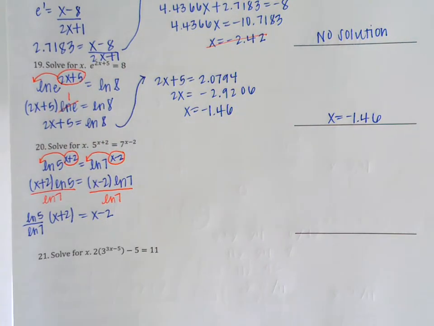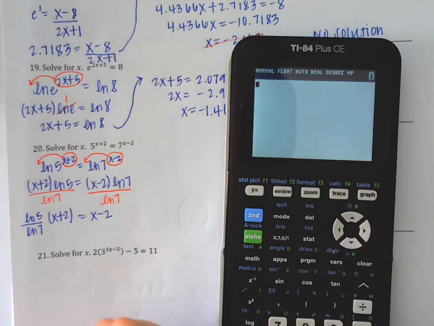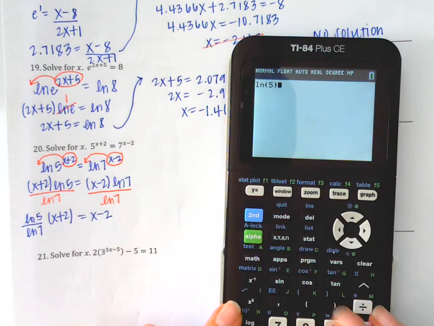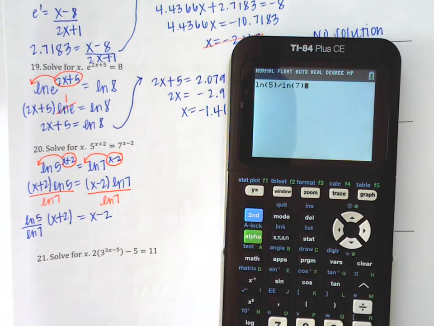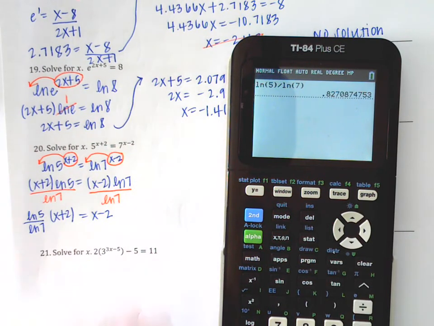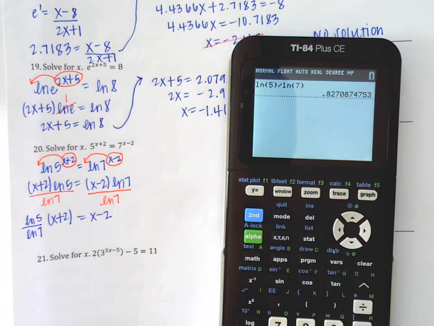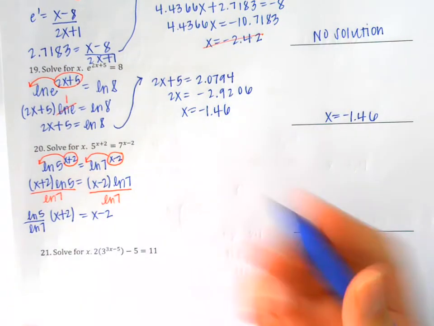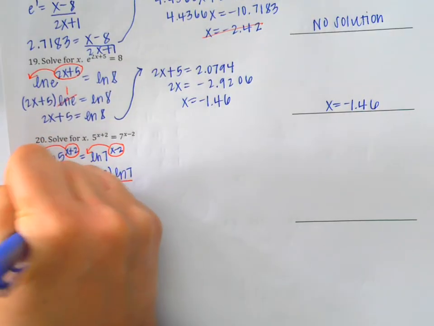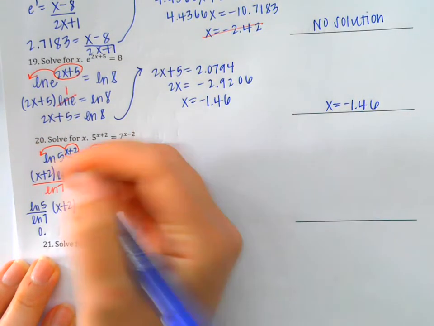So in my calculator, I'm going to do ln of 5 in parentheses divided by ln of 7. And that's 0.8271. Remember, we're within a problem, so we're rounding to 2 decimals.